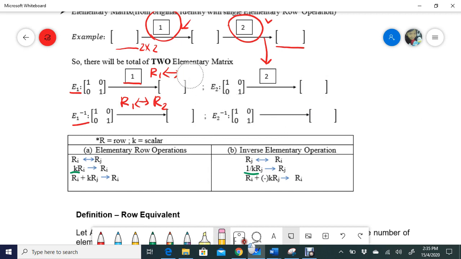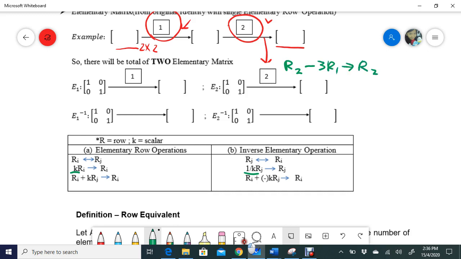Let us continue. What about addition? For example, let's say your elementary row operation happens to be R2 minus 3R1 goes to R2.